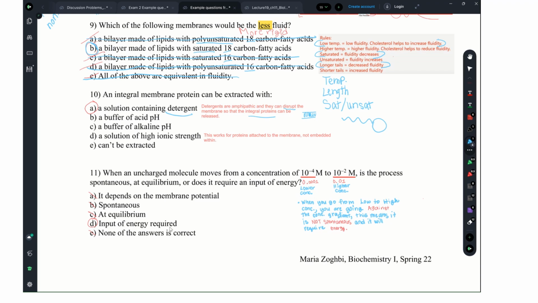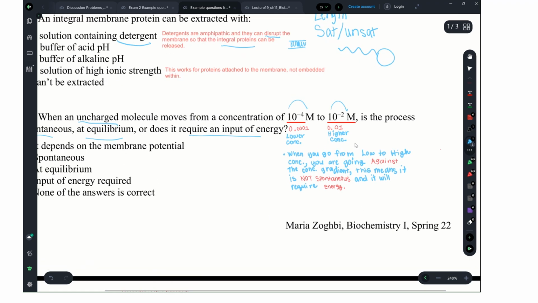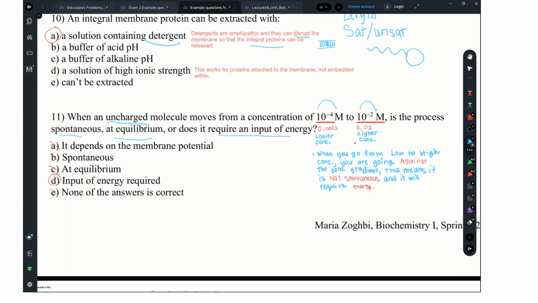Okay, so number 11, when an uncharged molecule moves from a concentration of 10 to the minus 4 to 10 to the minus 2, is the process spontaneous? Is it at equilibrium? Or does it require energy? So let's look at this. 10 to the negative 4 molarity, I just like to write it in decimal points because it's easier for me.